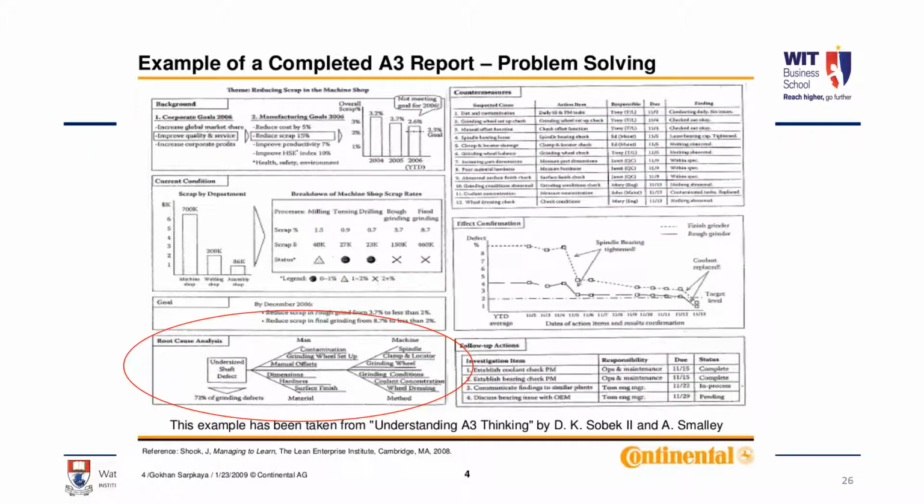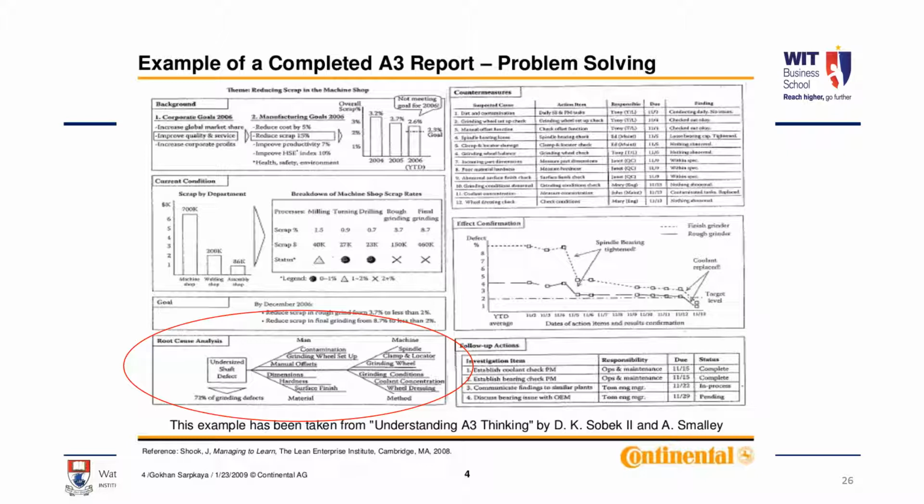So again, if we go back to our example, here they've used root cause analysis. They highlighted one particular area: an undersized shaft defect that causes 72% of the grinding defects that they identified in the current state.